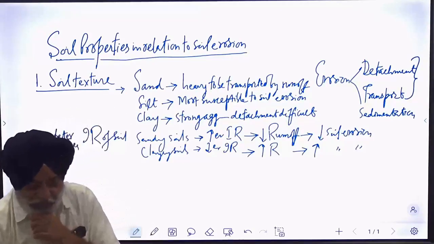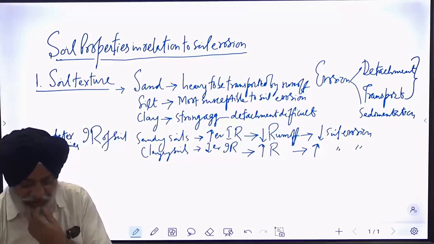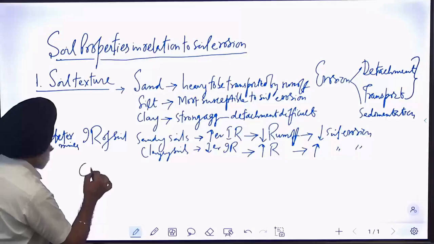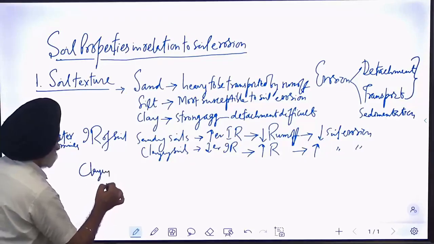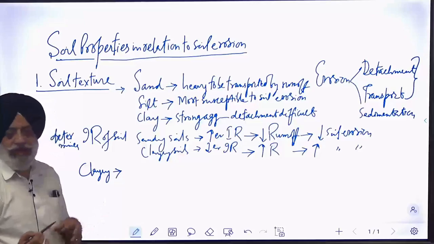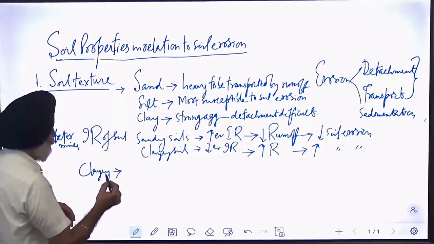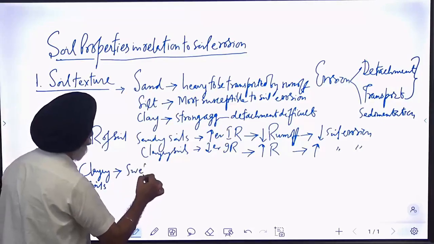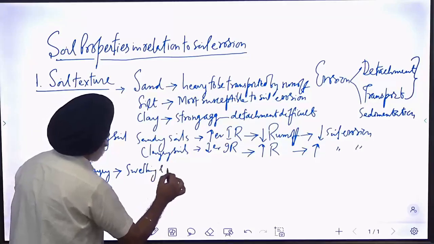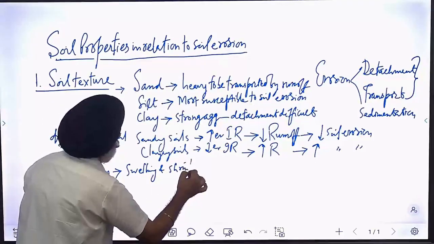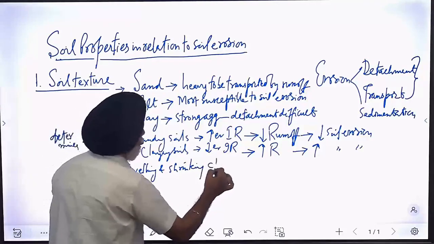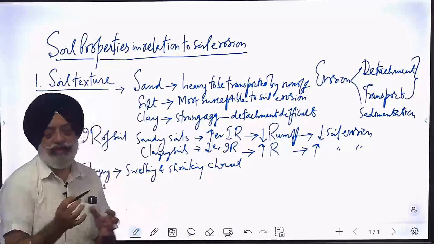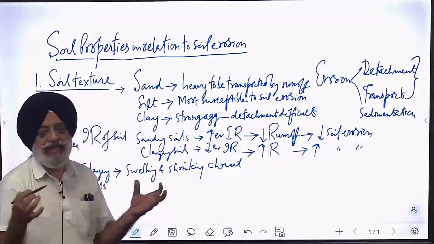Then after this, the sandy soils, as I said, are less swelling or shrinking type of soils as compared to clay soils. So clay soils, because of their swelling and shrinking properties, when these soils become wet, they swell, when they dry they shrink.